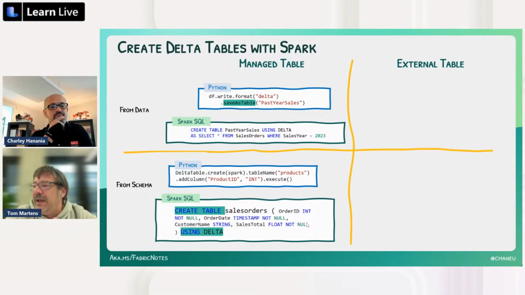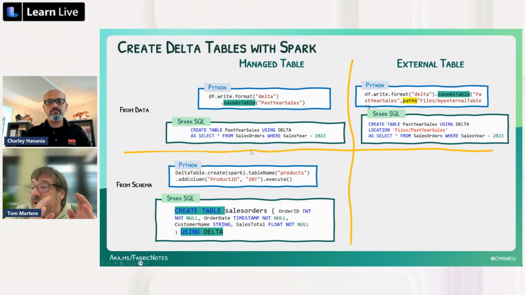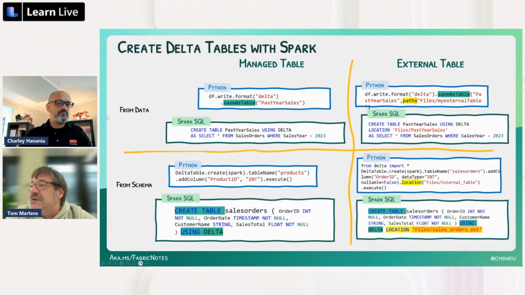A schema is also a very important thing because of data types, null, not null, things like that. And you also can see how this works with external tables, but as I already mentioned, I will demonstrate how different languages can be used from inside an external table. So please go ahead, Charlie.